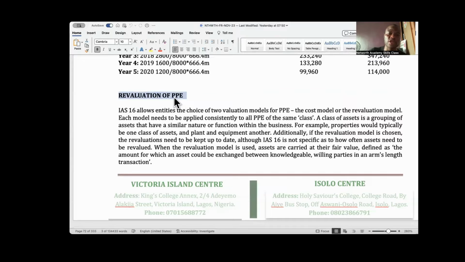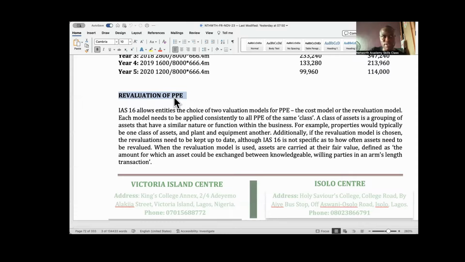Because when you are using a revaluation model, the only reason you want to use it is that you want the value of the asset to be up to date. You want to keep the value of your asset up to date. So you will now find yourself revaluing the assets. So if you buy an asset 2 years ago for 20 million, and today the value is now 50 million, so you probably revalue it.